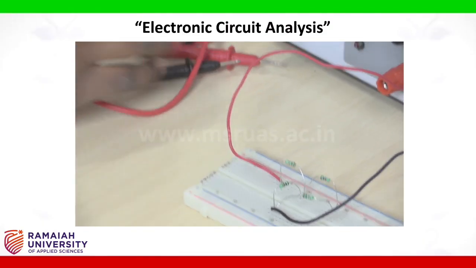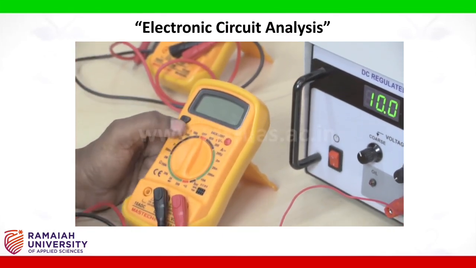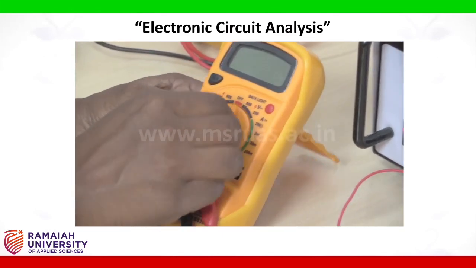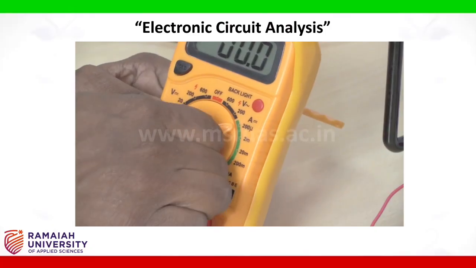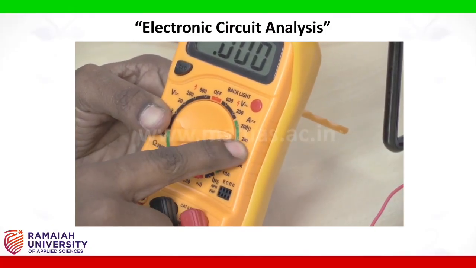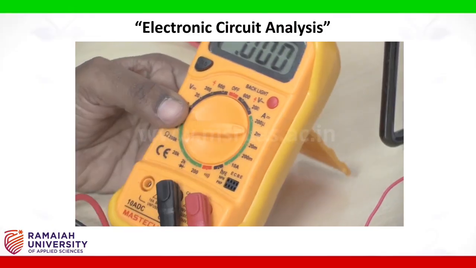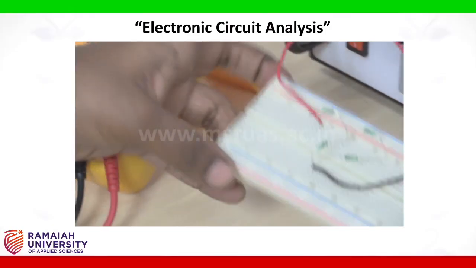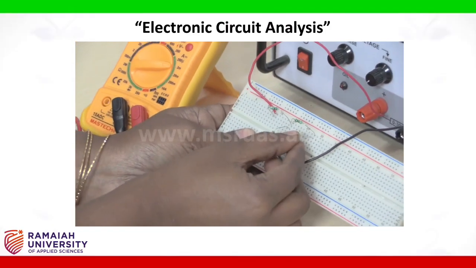Let us take ammeter, put the knob in 2 milliamps reading. Measure the current.